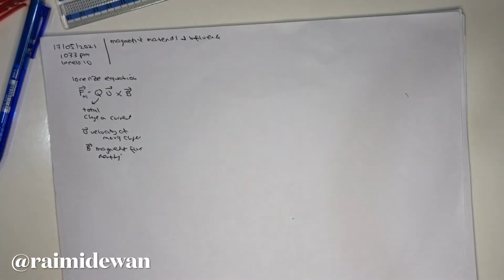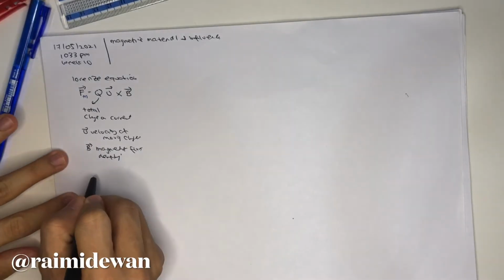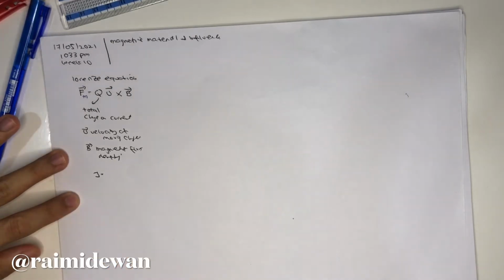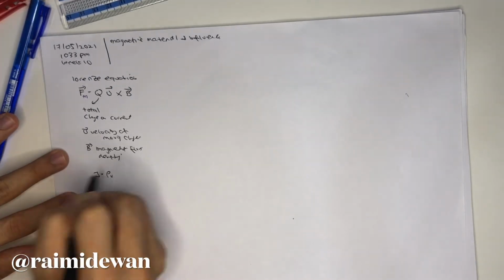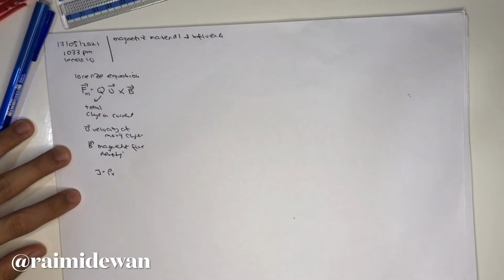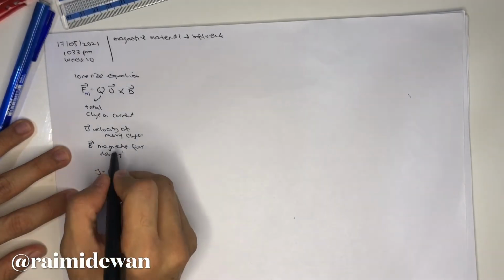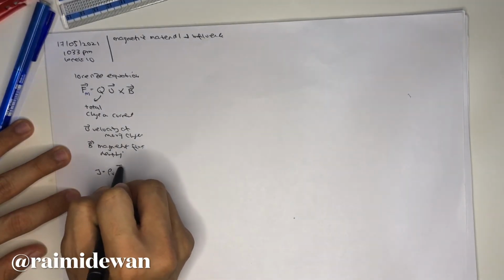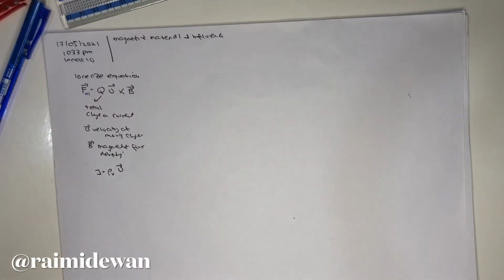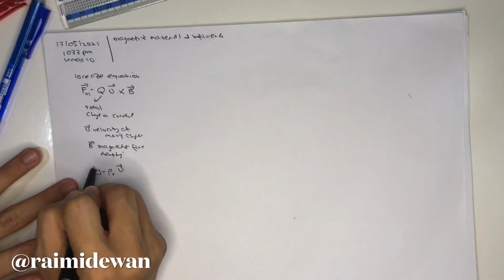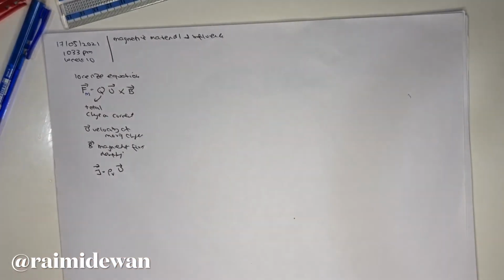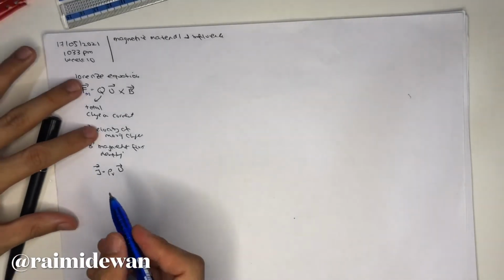So on current source, we are introduced also for the current source, we have J equals rho v u. What is the rho v? Volume charge, right? And then you have u, and this one is a dot, so you have this. Okay, so this is current density.